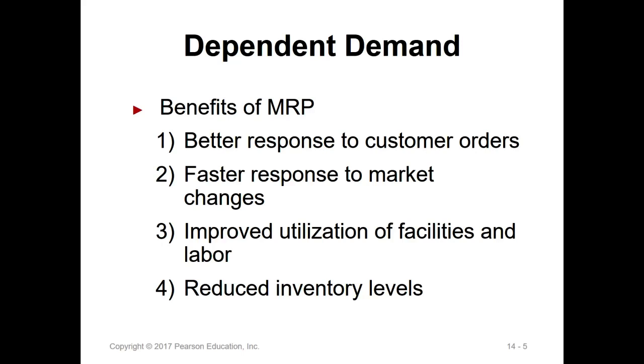But MRP, material requirements planning, is only part of enterprise resources planning. So the benefits of material requirements planning are that the company is able to have a better response to customer requirements and orders. And also the company is able to have a quick response to whatever market change.